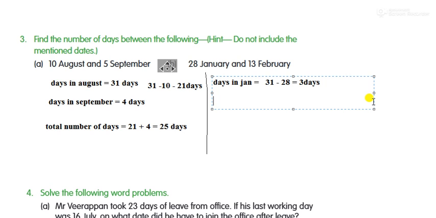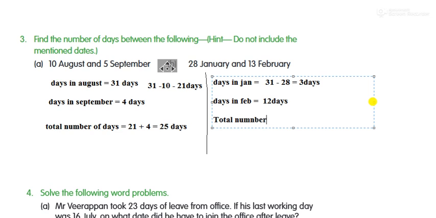Next, days in Feb equals, don't count the 13, so it's 12 days. Now the total number of days equals 12 plus 3 equals 15 days.